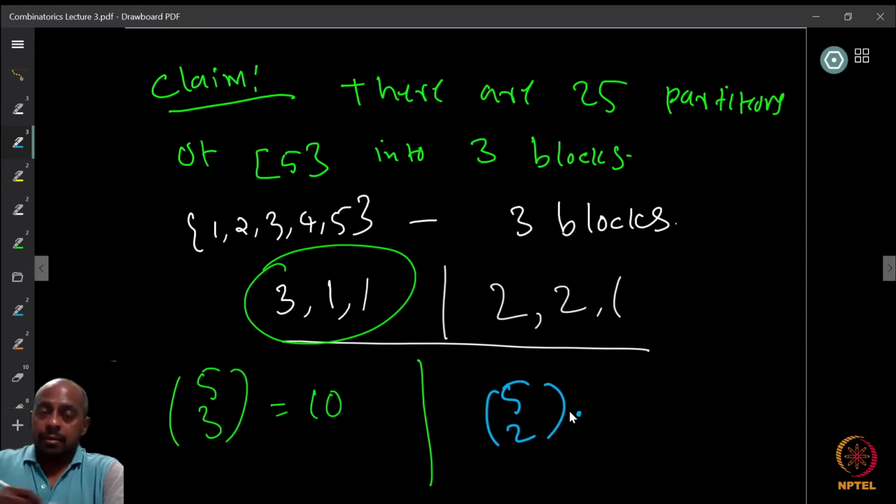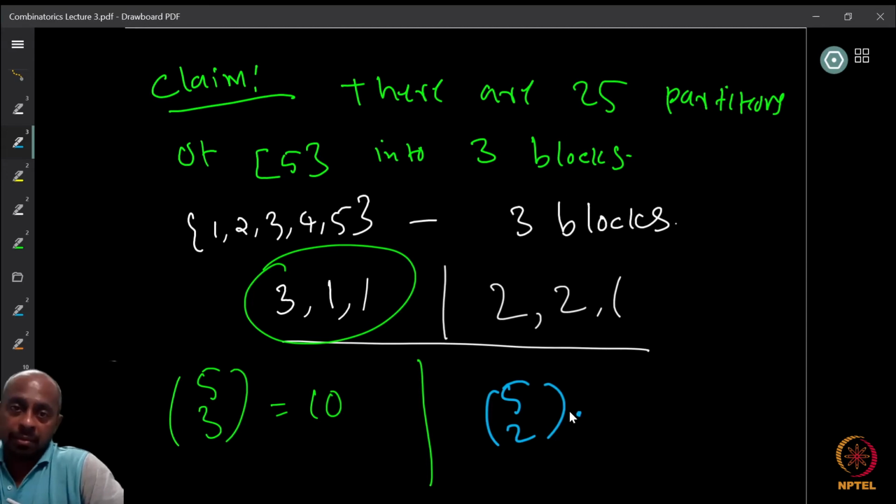Then to select the remaining 2 elements or 1 element: once you choose 1 element, it is very clear what the other 2 elements are going to be. Or if you select the 2 elements again, it will be clear what the remaining 1 element is. So the remaining 2 elements can be chosen in how many ways?